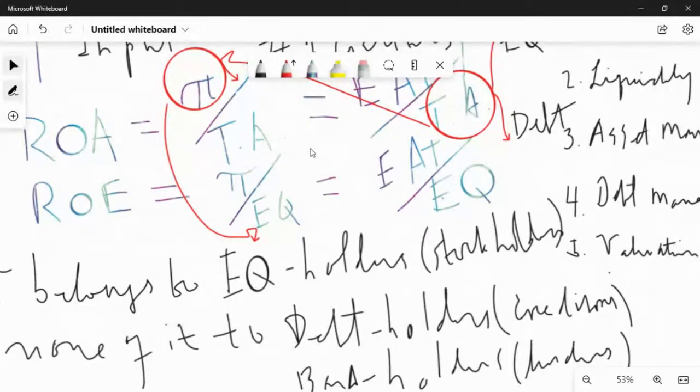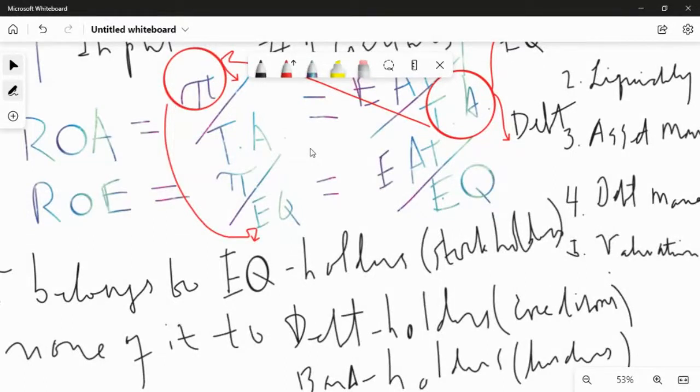Obviously, a company with a higher return on assets is definitely worth investing in, lending money to, or buying bonds from.